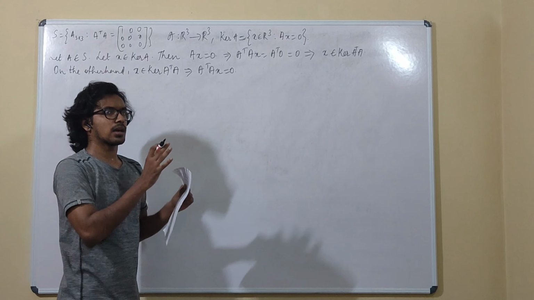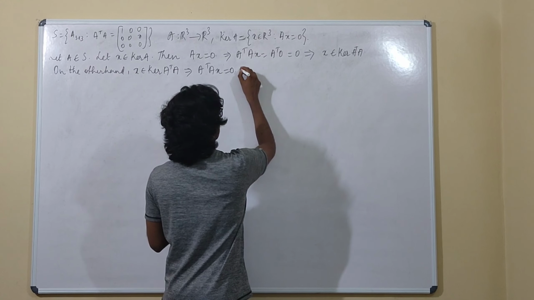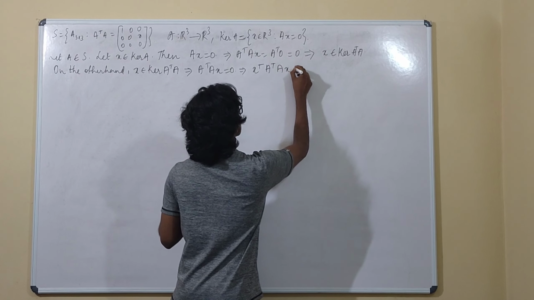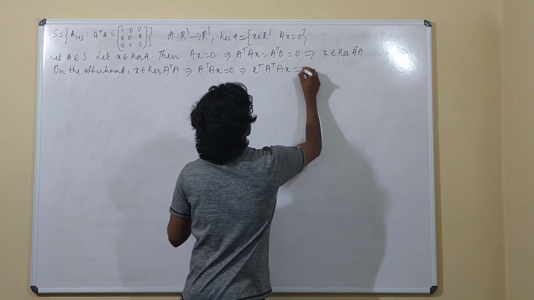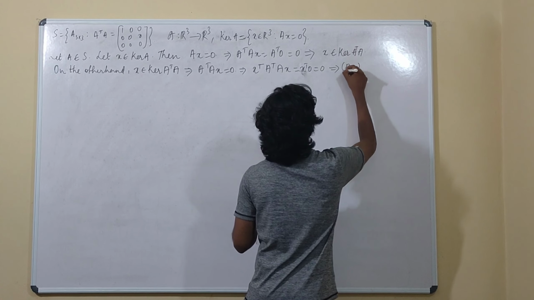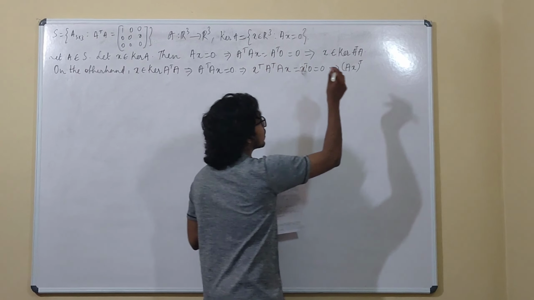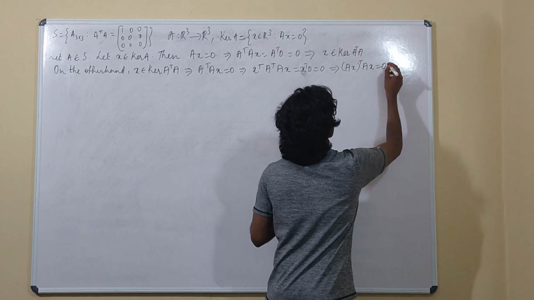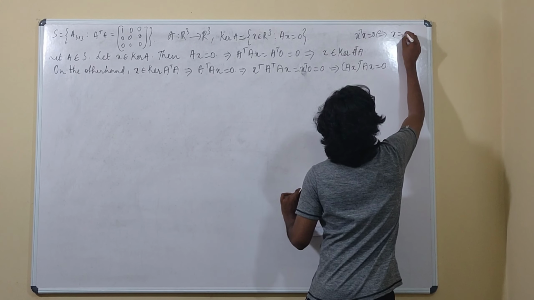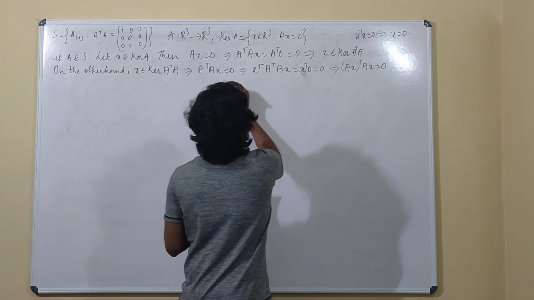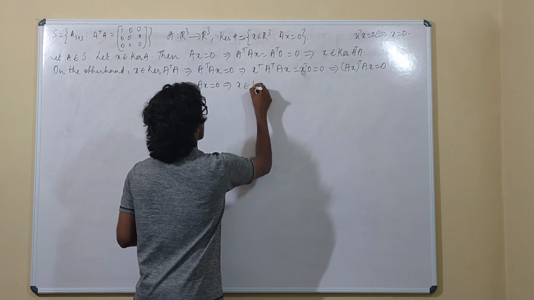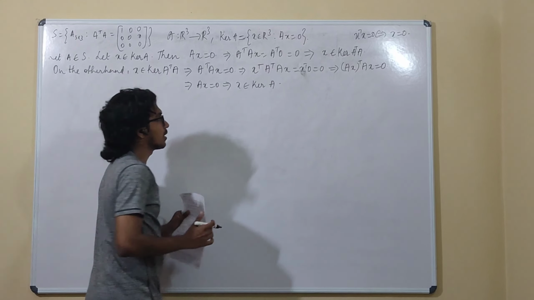So what I can do is simply multiply the transpose of this X on both sides. So this becomes (AX) whole transpose AX equals 0. Okay, X transpose X is 0 if and only if X is 0. So using this fact, we can deduce AX is 0. So this tells us X is a member of the kernel of A.